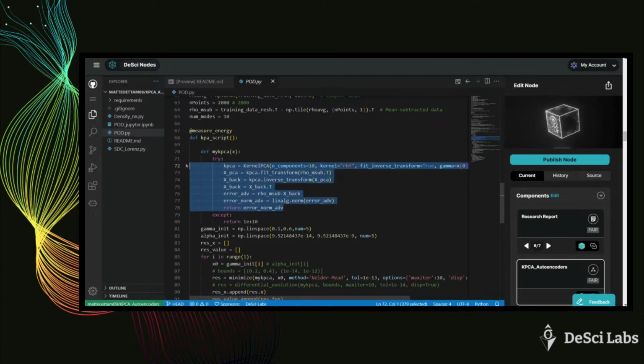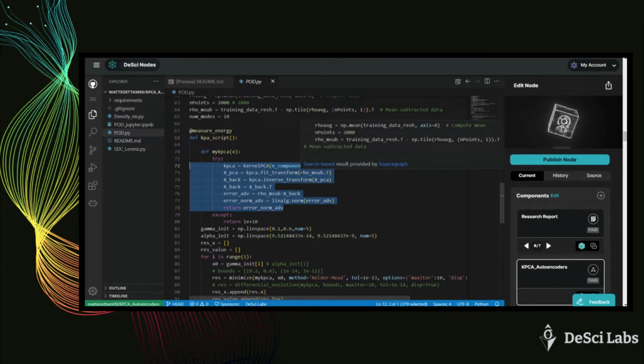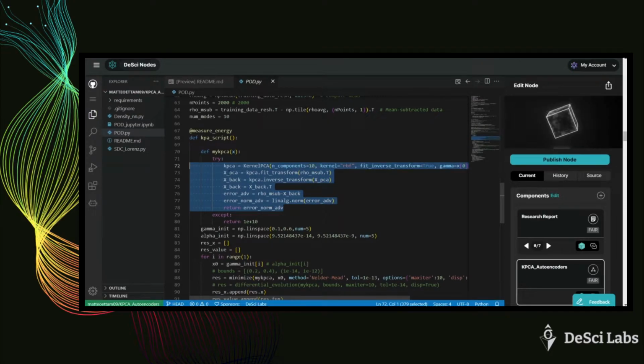We are using this class of KPCA, and we initiate an instance of KPCA, and then we fit transform it. We input the matrix that we want to reduce, and the output is XPCA, the reduced order state. Then we use this inverse transform function to bring it back to the original space.